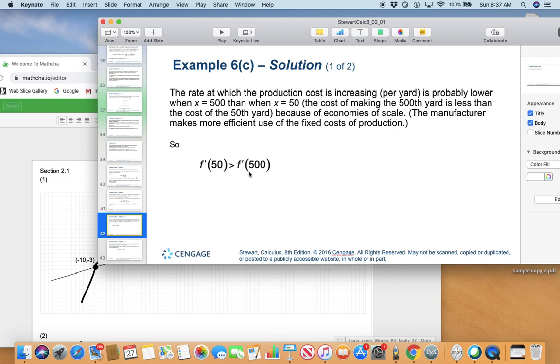What does this mean? This means the cost of manufacturing the 51st yard is probably higher than the cost of manufacturing the 501st yard. Well, possibly because the larger your factory, the more efficient you get.